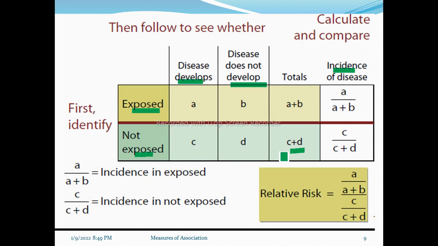C over C plus D is the incidence of disease in the non-exposed. That means, for instance, A over A plus B is the probability of disease developing in the exposed over the total.